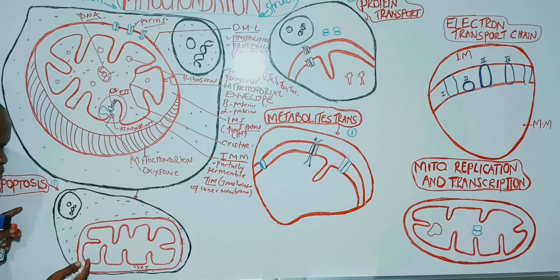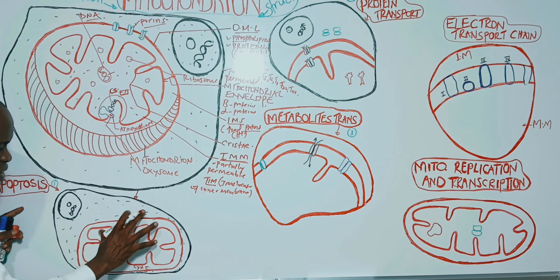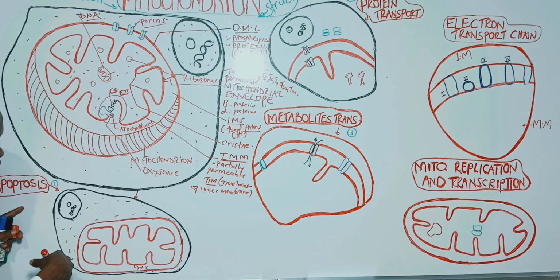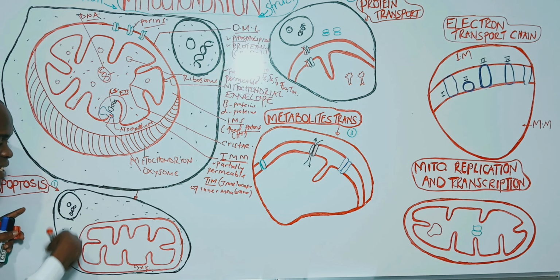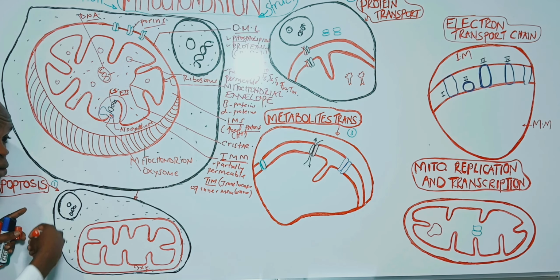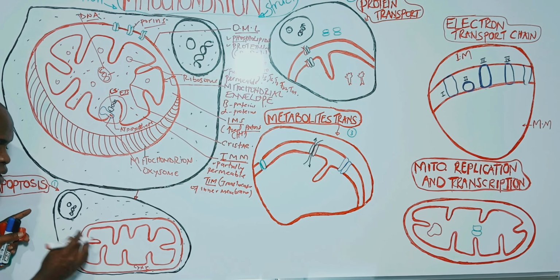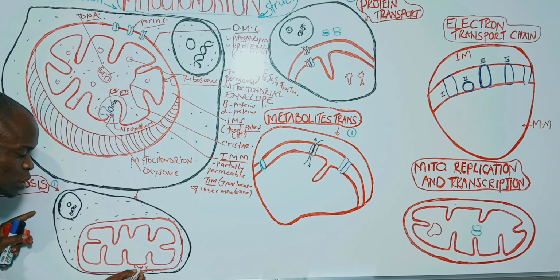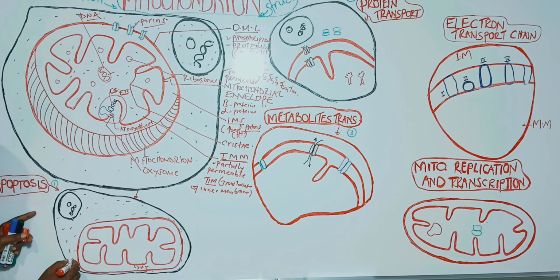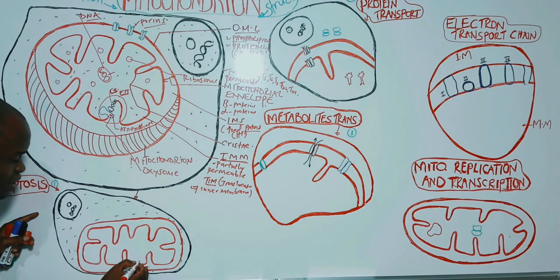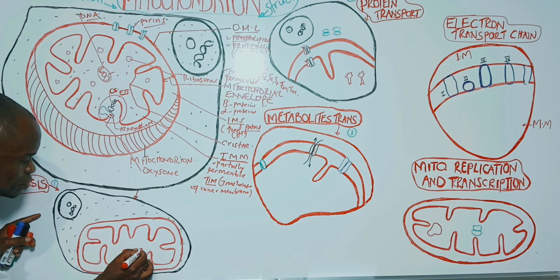Now, what happens is that when the cell detects that there is any structure inside it that is not normal, or the cell is no longer functioning, what's going to happen here? This cytochrome is going to leave the intermembranous space of the mitochondria, and it's going to move inside this side here.